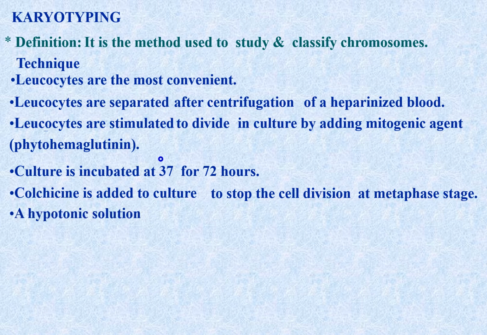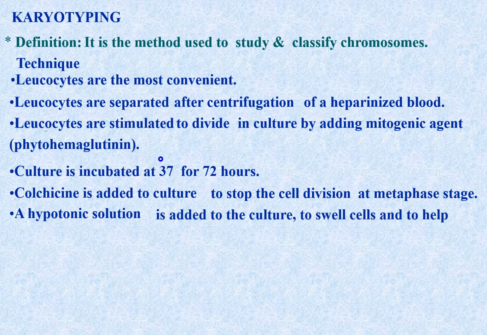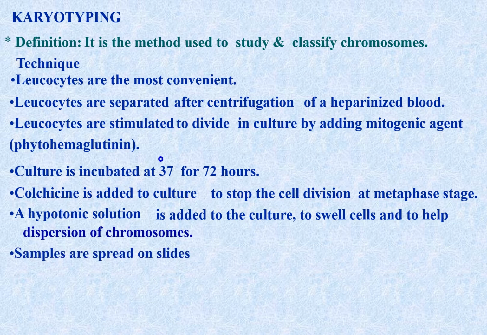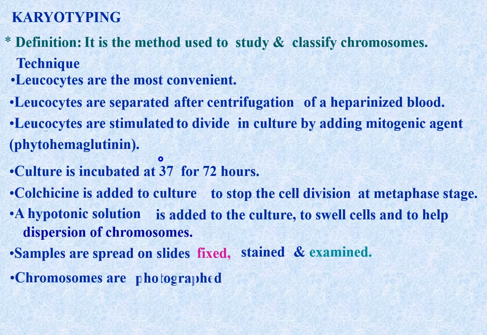A hypotonic solution is added to the culture to swell the cells and to help dispersion of chromosomes. Samples are spread on slides, fixed, stained, and examined. Chromosomes are photographed and arranged according to the length and the position of their centromeres.